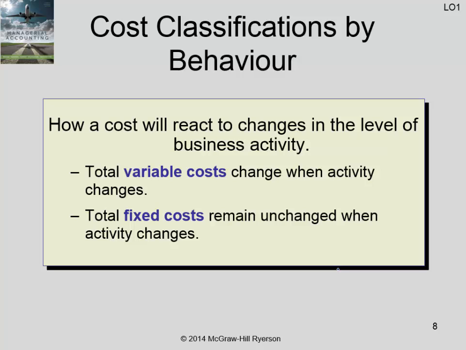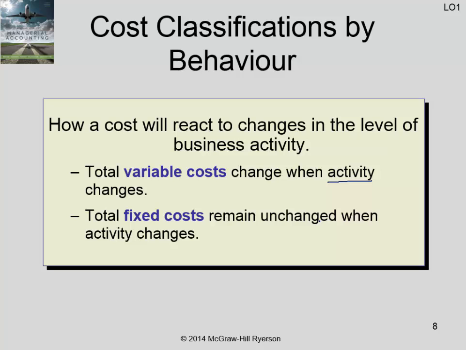We talk about behavior being variable or fixed, and you have to remember that they're variable or fixed with respect to something. That something, in this case, is the business activity, most often production or sales, but it can relate to something else.